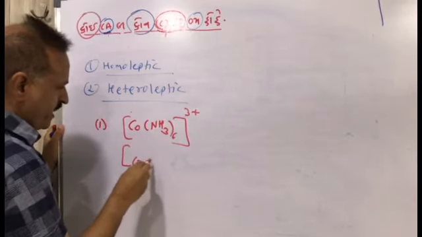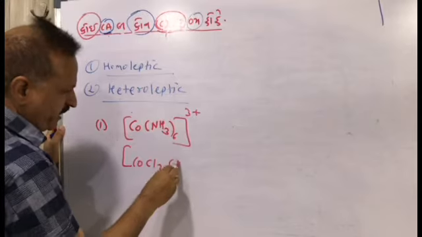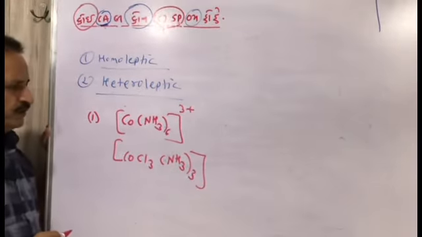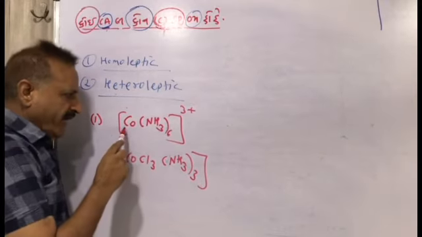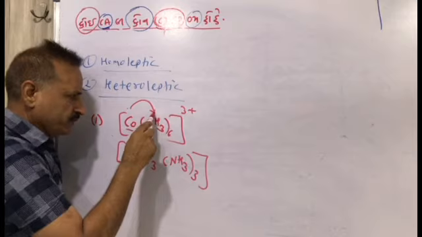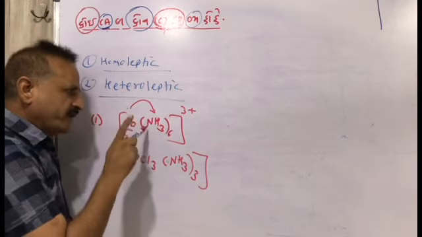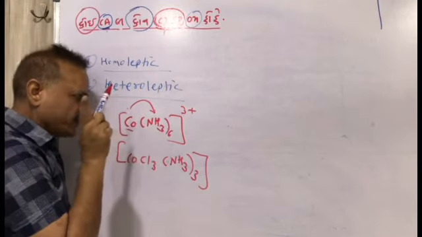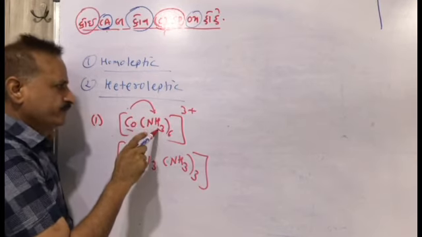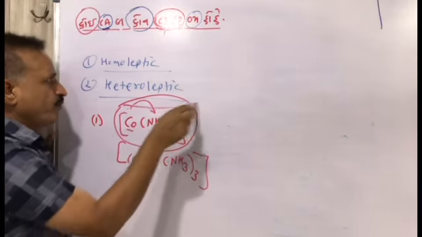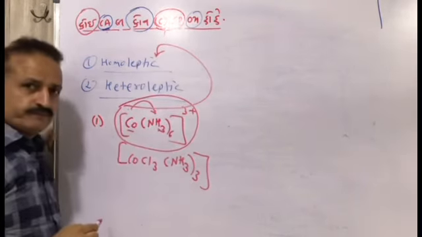Here is CoCl3(NH3)3. Here it is neutral. So if the central atom is attached with the same molecule, only one type of ligand, this coordination compound is known as a homoleptic compound.